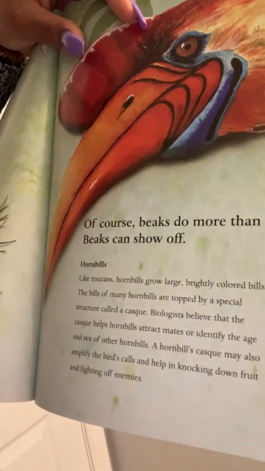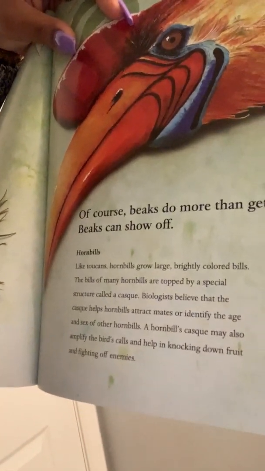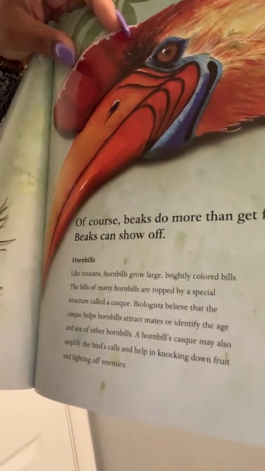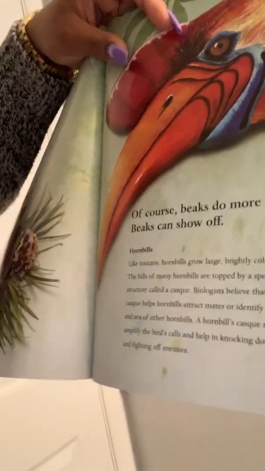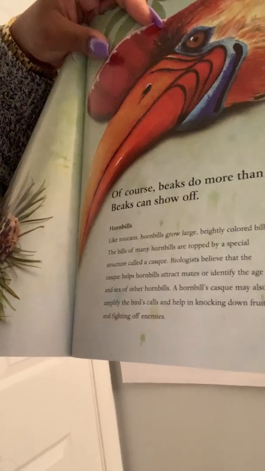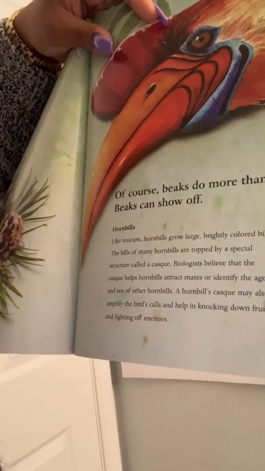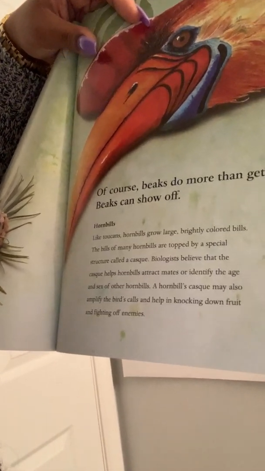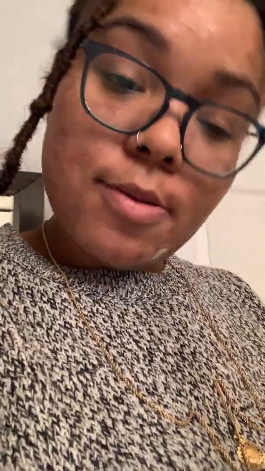Biologists believe that casques help hornbills attract mates or identify the age and sex of other hornbills. A hornbill's casque may also amplify the bird's calls and help in knocking down fruit and fighting off enemies. So there's a lot of different things that the hornbill's beak does. What are some of the things that the hornbill's beak does that helps it survive?